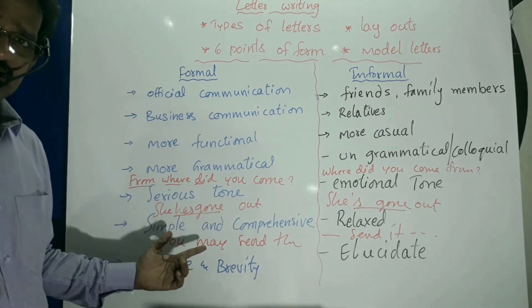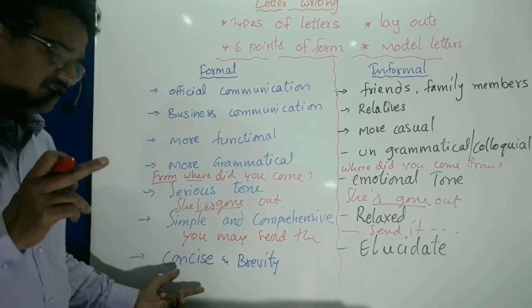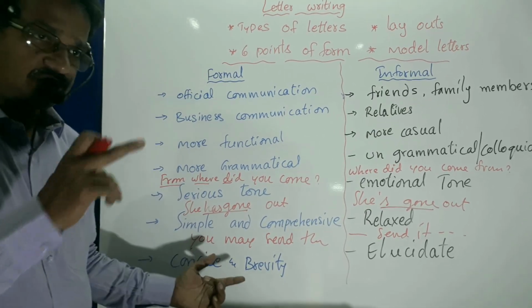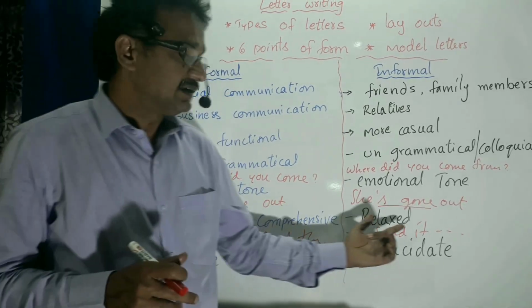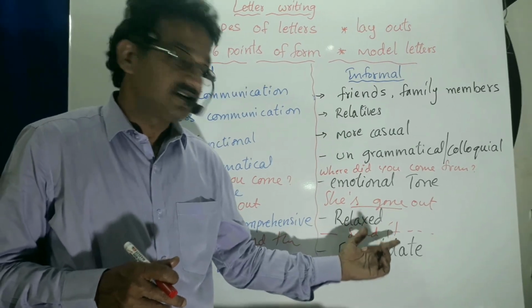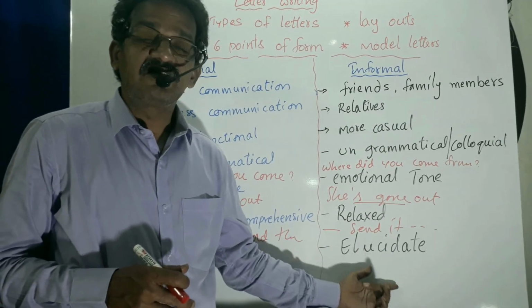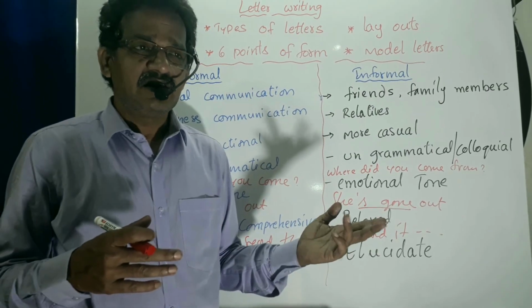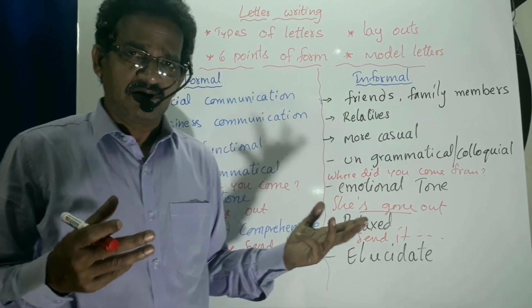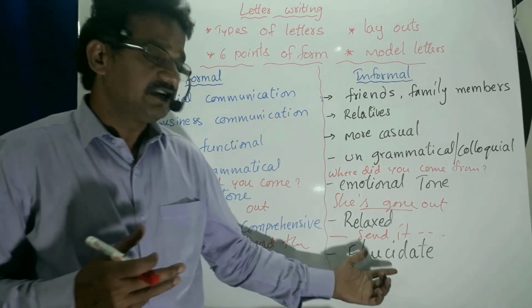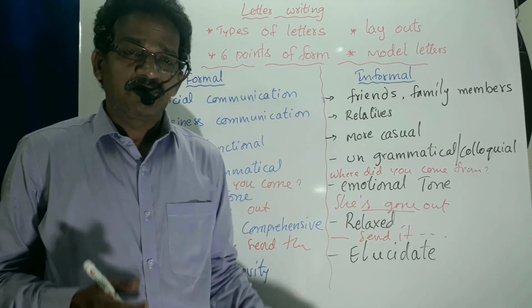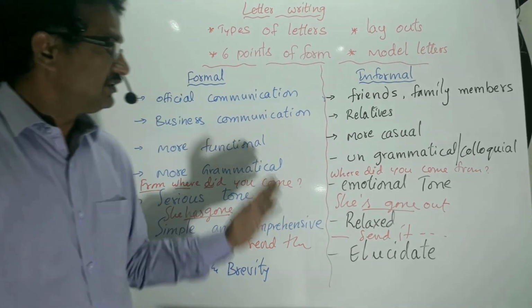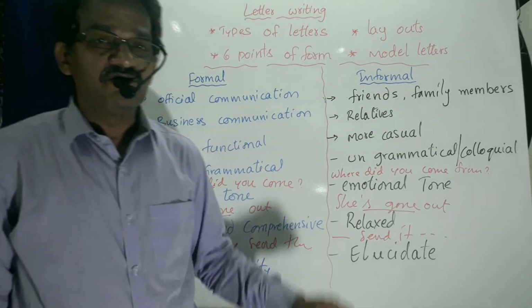So it should be very simple, concise and brief, with clarity. In informal letters you can write in a relaxed way and elucidate. Elucidate means you can narrate incidents, because your friend has that much feeling for you that he will read it very interestingly. So these are the formal style and informal style.